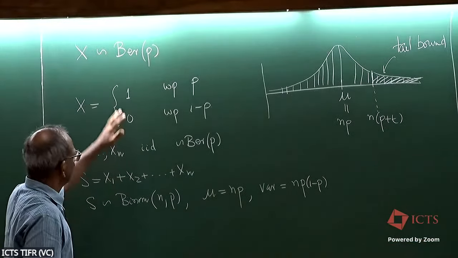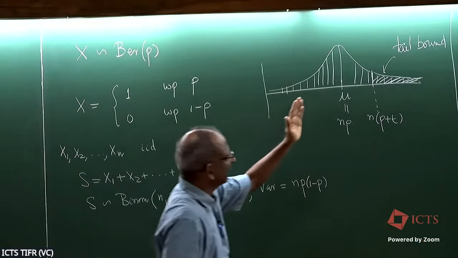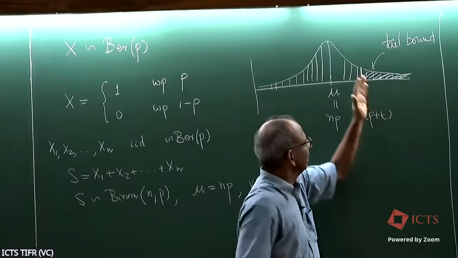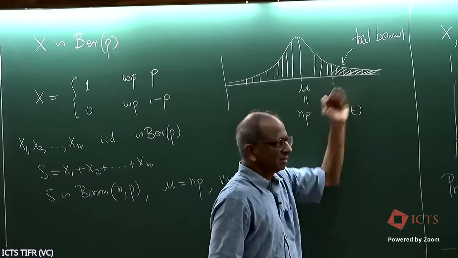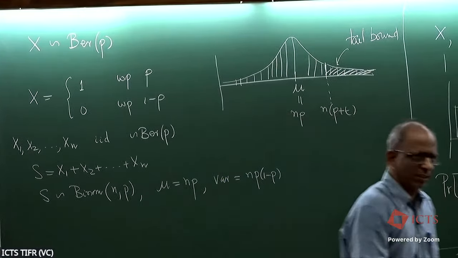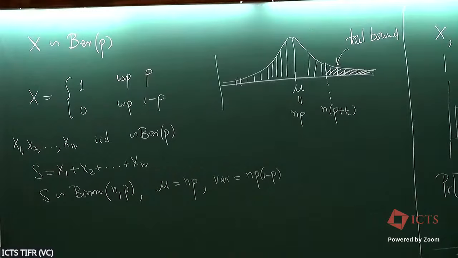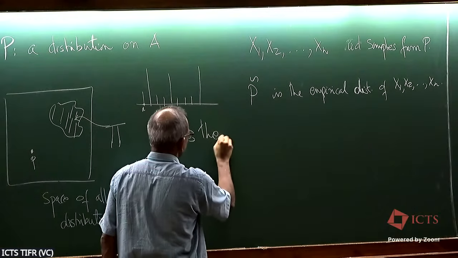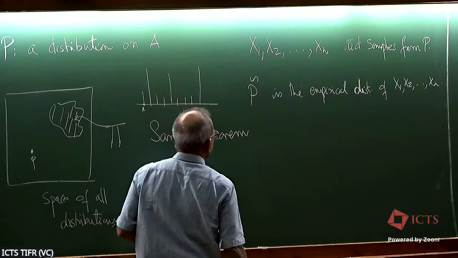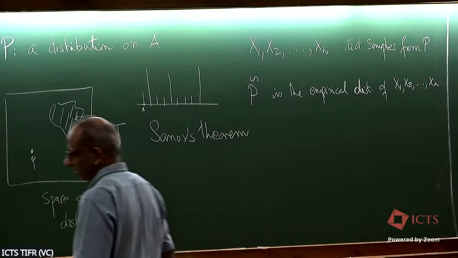And what is the probability that when I take n of them, it appears as if it has more than P plus T ones instead of P ones. And Sanov's theorem says the following.